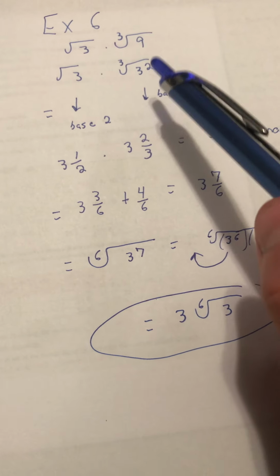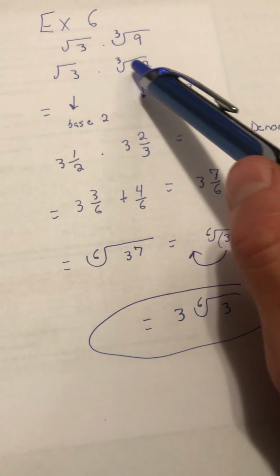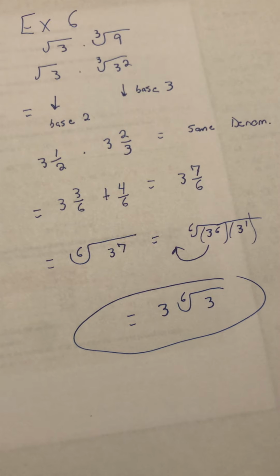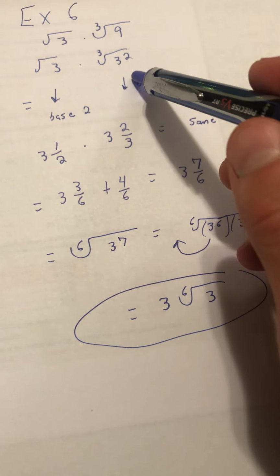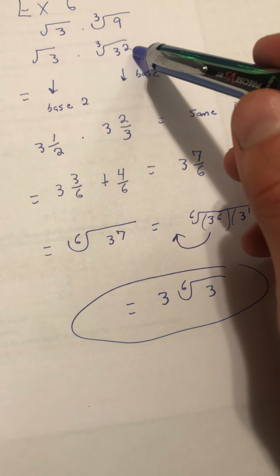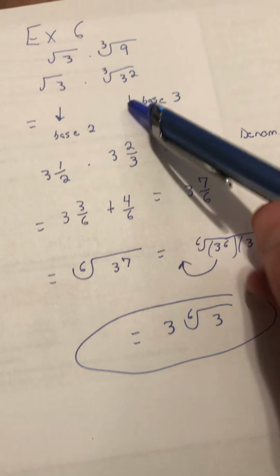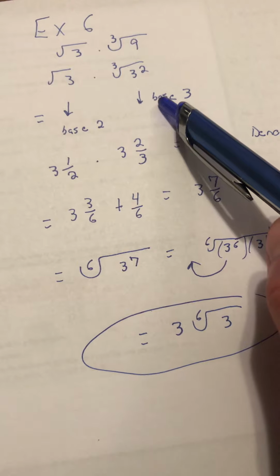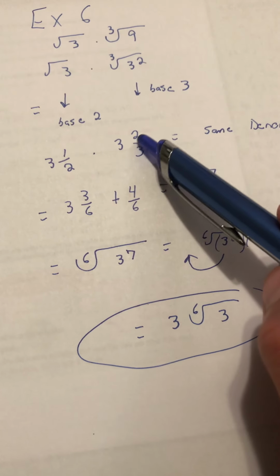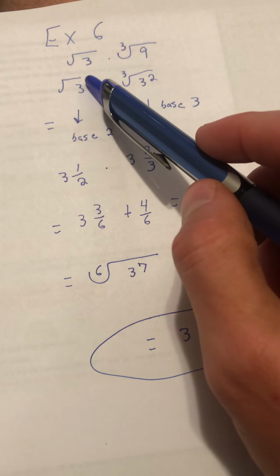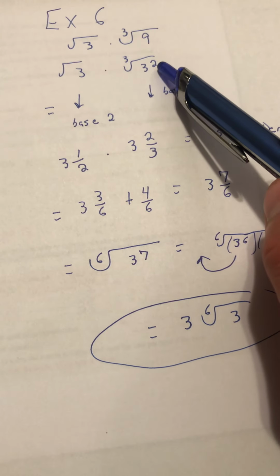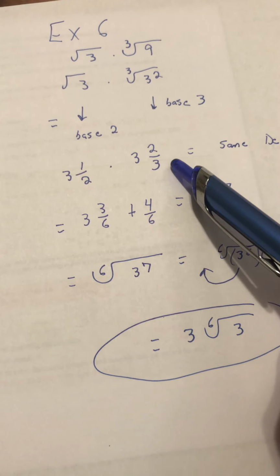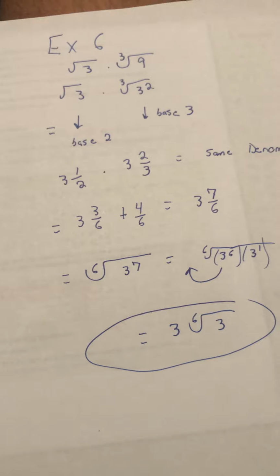Here, we're going to bring down 3 and that's not 32. That's exponent 2. Sorry, it might look like 32. But it's 3 to the power of 2. So base 3, exponent 2 over 3. So exponent was 1 over 2 here, exponent is 2 over 3 here. Base is 3 here, base is 3 here.